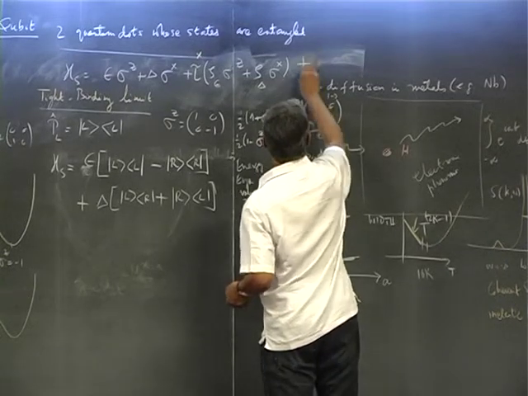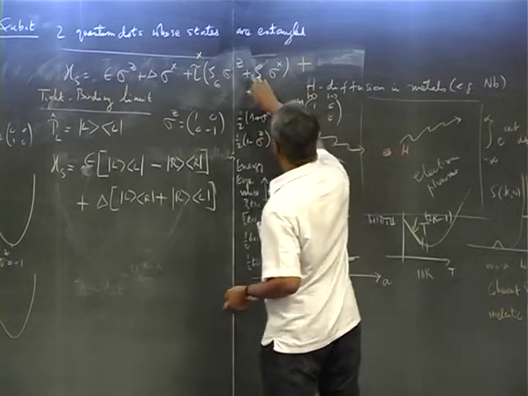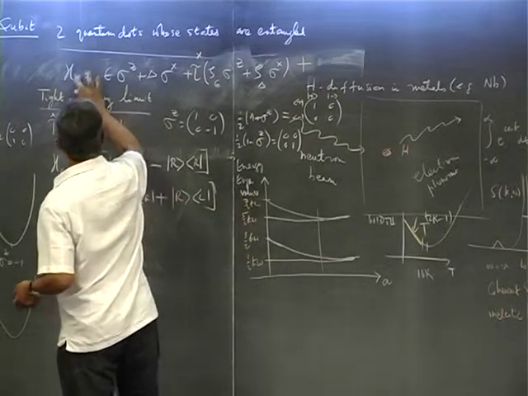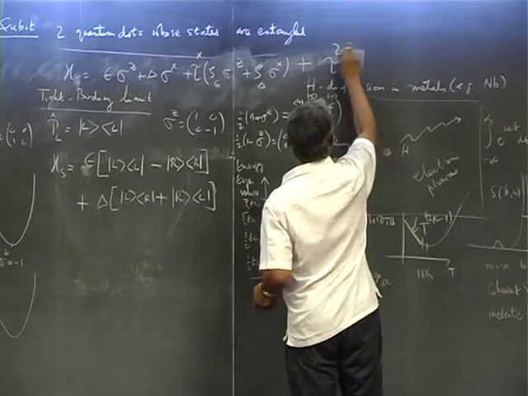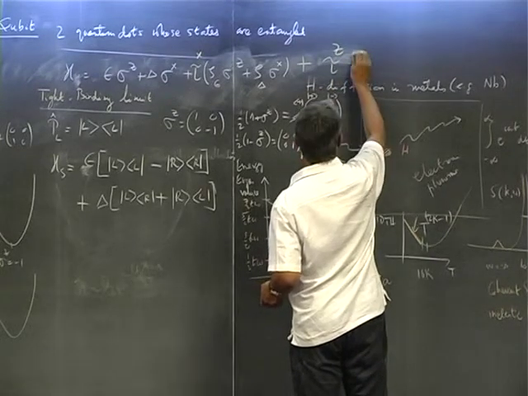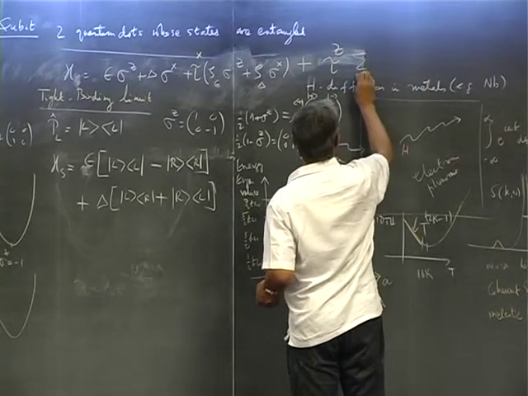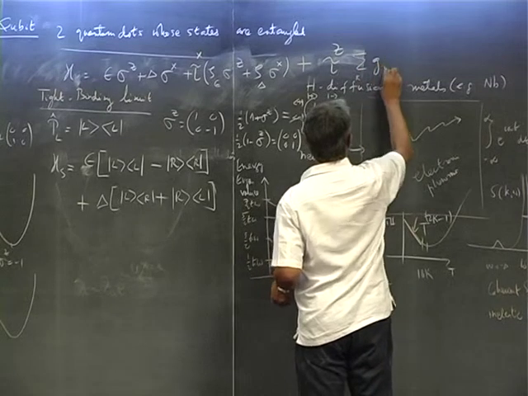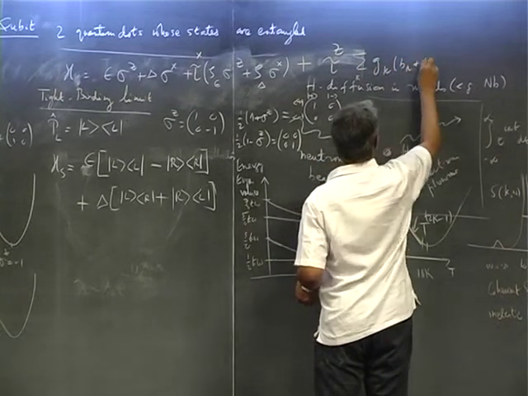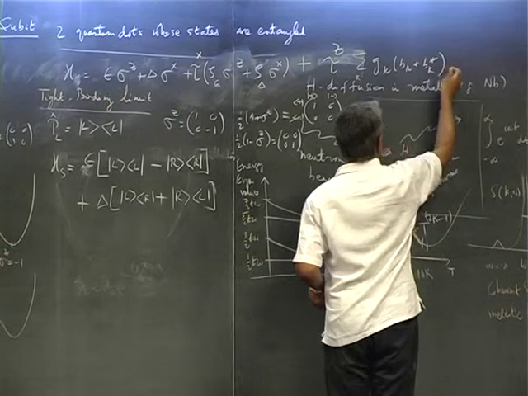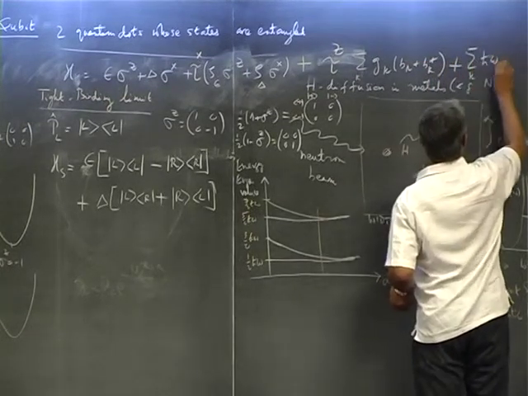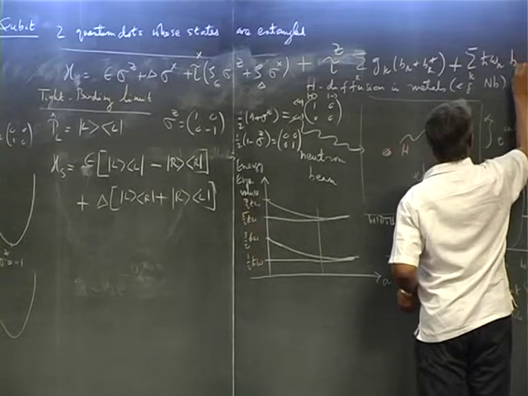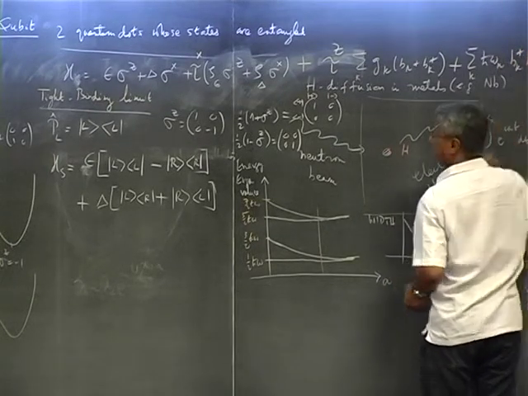And then I introduce, so this is my system Hamiltonian, but my total Hamiltonian now has a coupling a la Caldeira-Leggett, plus summation over k of h bar omega k bk dagger bk.